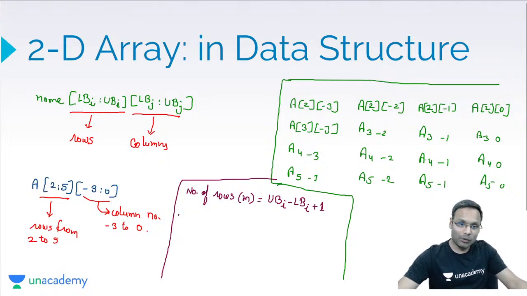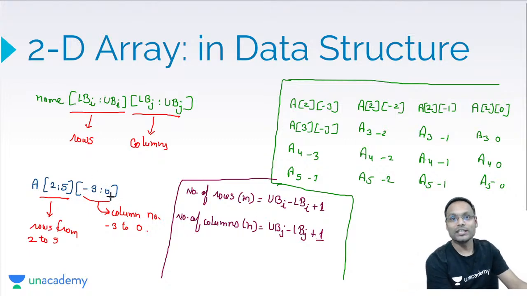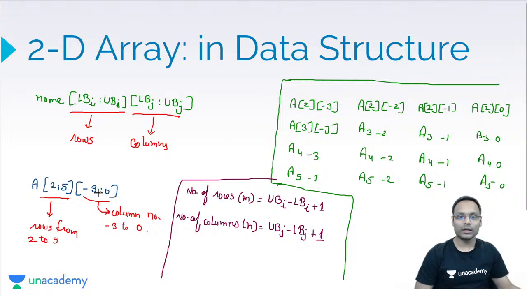Then how will you calculate the number of columns? Number of columns will be how much? Can you tell me? Yes, upper bound of j minus lower bound of j plus 1. 0 minus minus 3 plus 1, 0 plus 3 plus 1, 4.